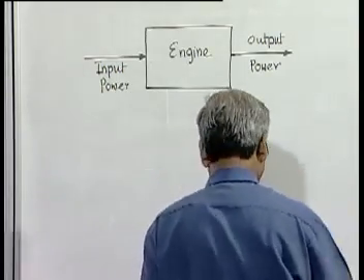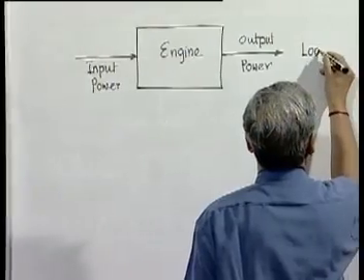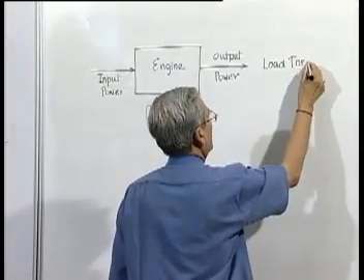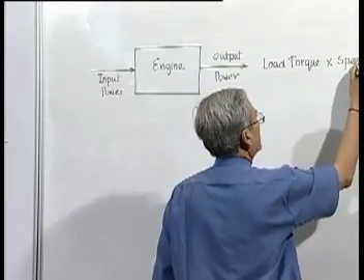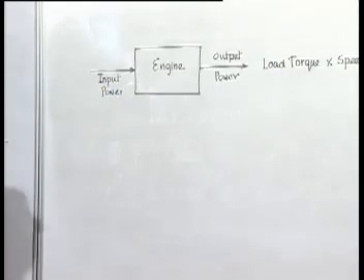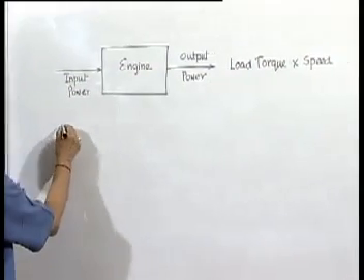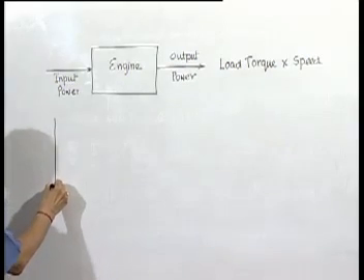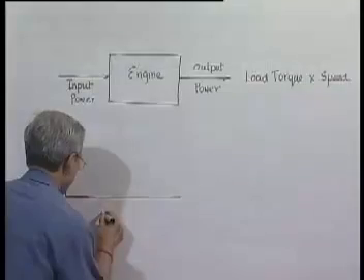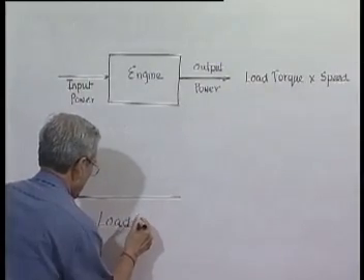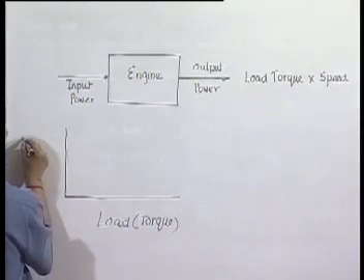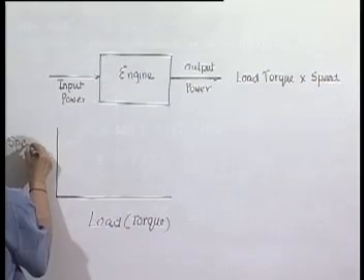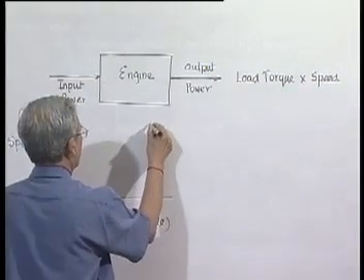And this output power, it means what? Load torque multiplied by operational speed. Now, if the input power remains constant, say for example, we do not do anything, we do not manipulate. Load we are indicating by its torque, and we are plotting speed of running when input is constant.